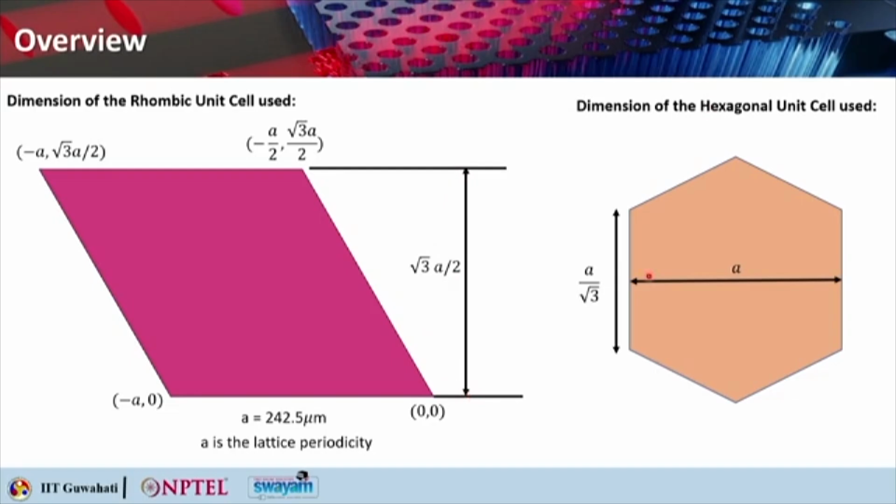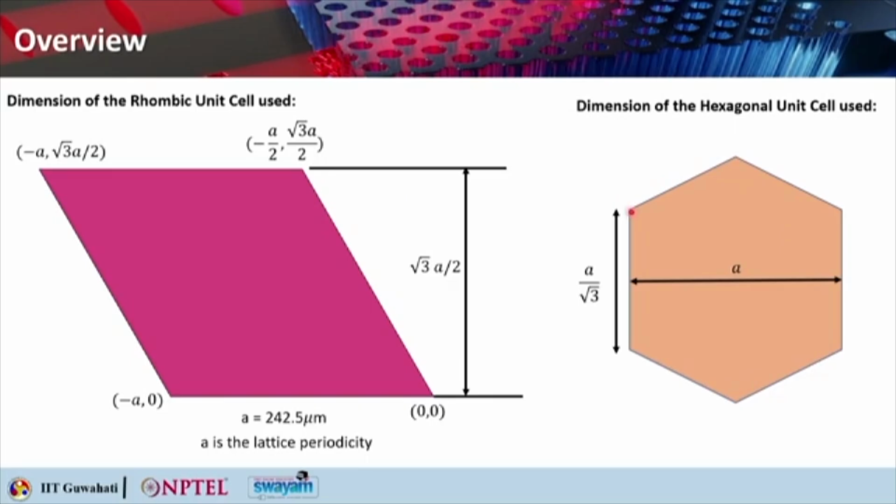You can also consider another representation, that is a hexagonal unit cell. For the hexagonal unit cell you can draw a rectangle which has a length of a and a width of a/√3. Then you take this rectangle and rotate it by plus 120 degrees, you get this rectangle.